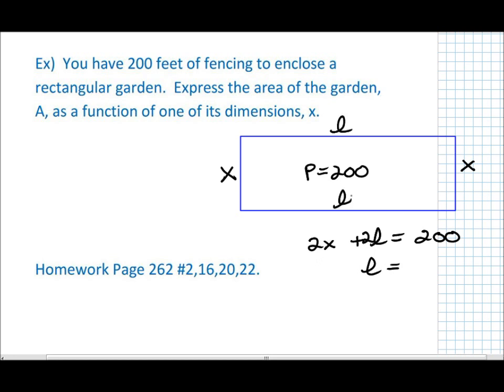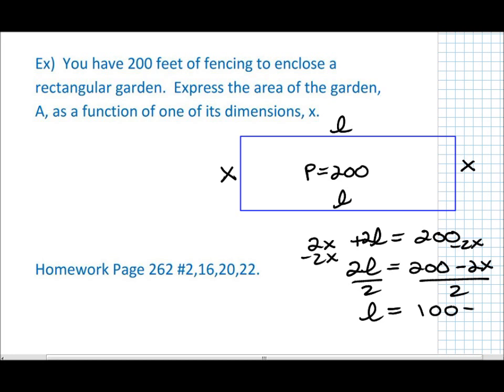You have a length here and a length there. So 2x plus 2 times the length is equal to 200. So that means 2L is equal to 200 minus 2x. So that means when you divide by 2 here, each term, the length is 100 minus x.